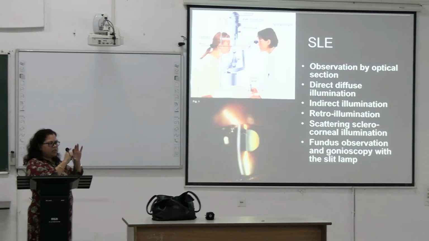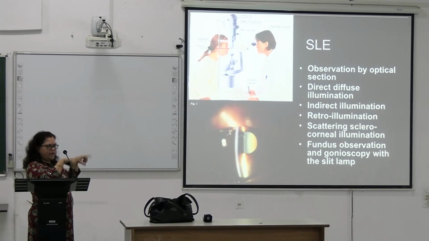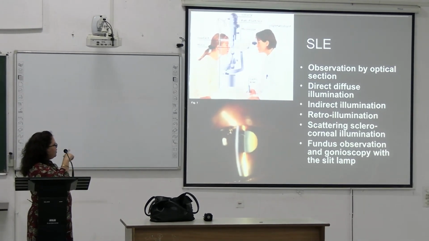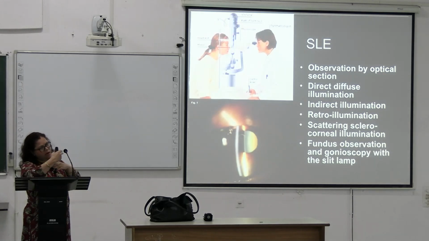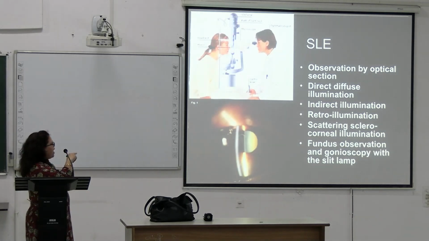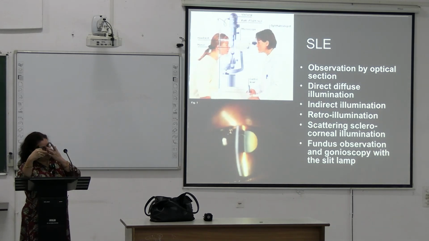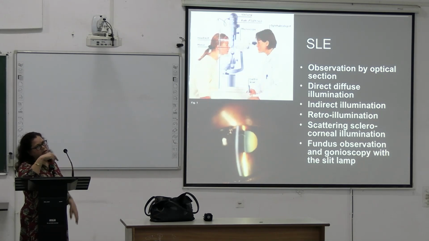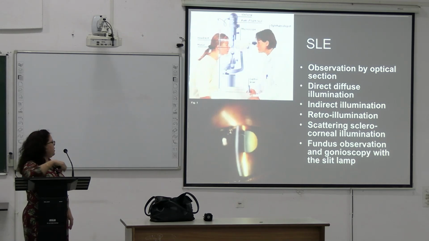Direct illumination means diffuse, the whole of the cornea is illuminated, but in retro illumination we see the posterior part of the lens, and scattering sclerocorneal illumination. By this examination, we see the anterior segment of the eye and assess the depth of the anterior chamber, where it is deep, where it is narrow, and whether some contents are present or not.